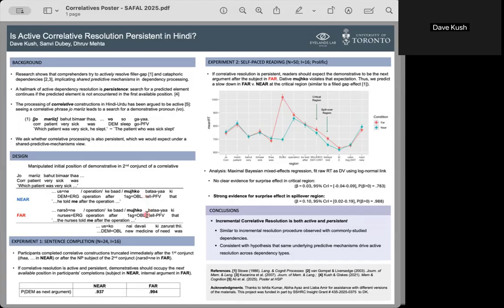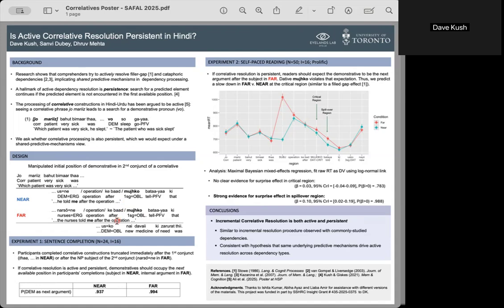So we expected longer reading times on mujh in the FAR condition compared to the near condition, because in the near condition, you would not have the same expectation for a demonstrative. In a sense, the design that we used is very similar to the filled gap effect manipulation of Stowe in 1986 and other such experiments on filler gap processing.